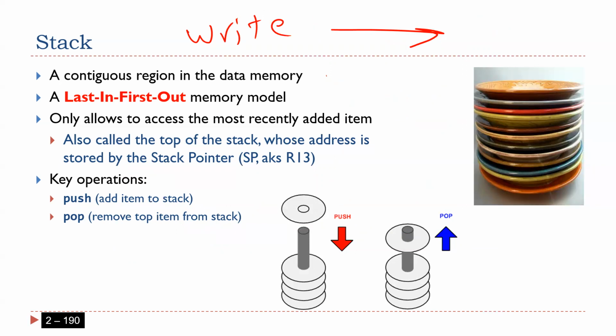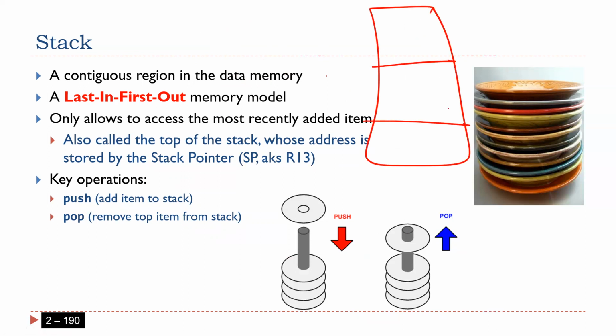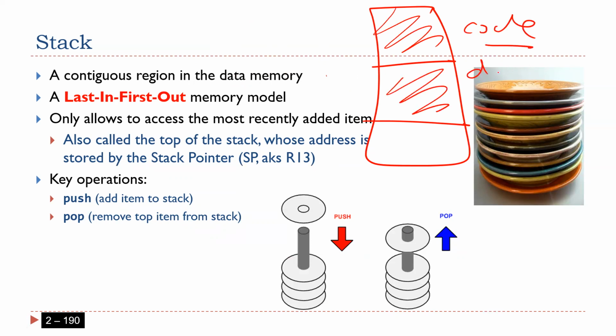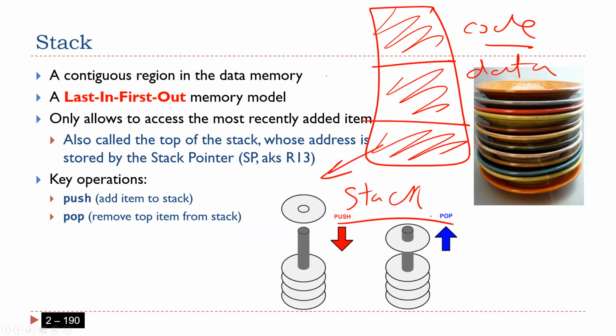When you read, you actually read a word from memory. So now you should understand your memory: one part of the memory is used to store your code, one part is used to store your data, and also one part is used for the stack. Is that okay? So now I'm going to divide the memory between these three main things.